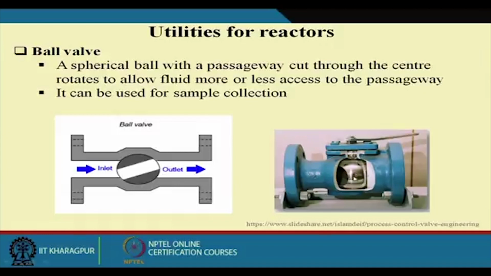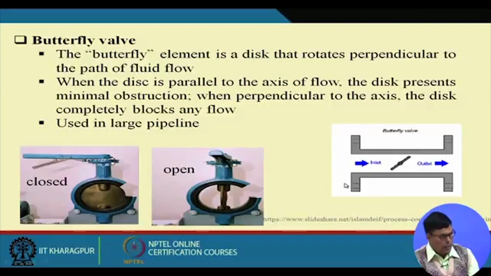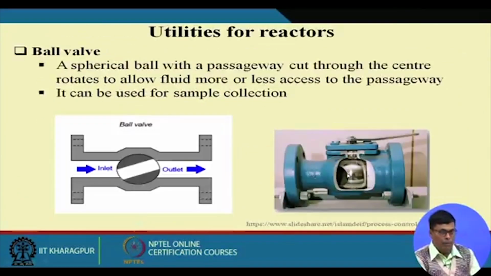You can see this is the valve, this is the ball, this is a circular thing. So when you rotate it, it will close this whole part. This is the handle. If you do it like this, then this is the opening. You can see this is the opening inside, and this is the ball that we have.